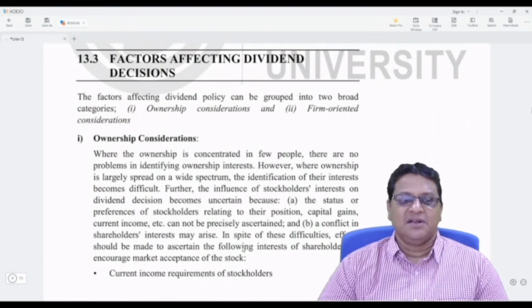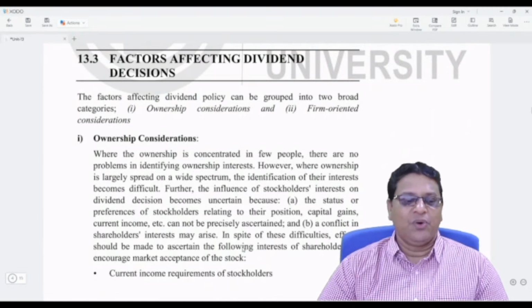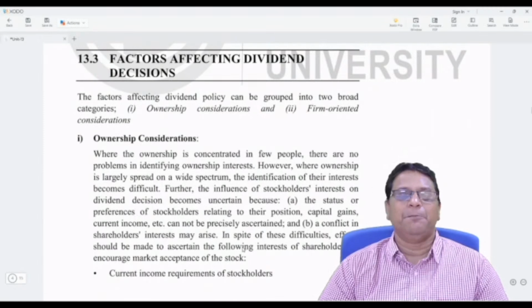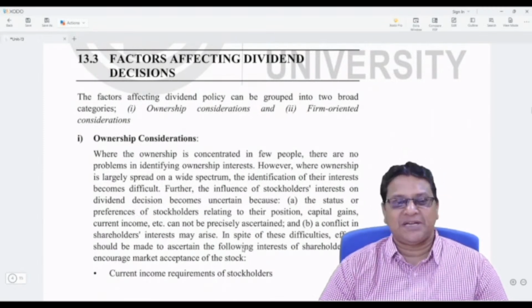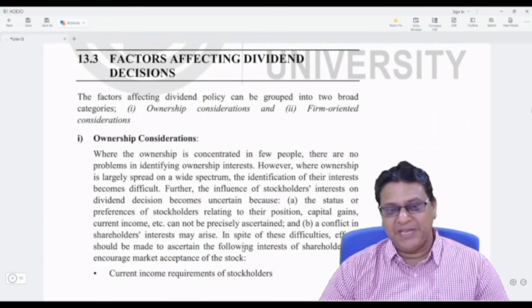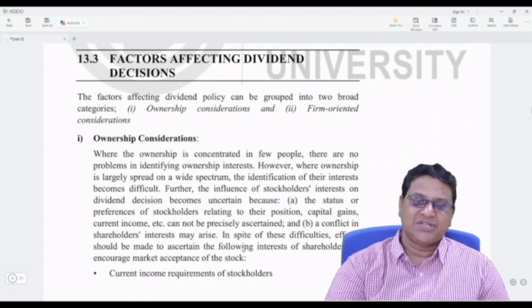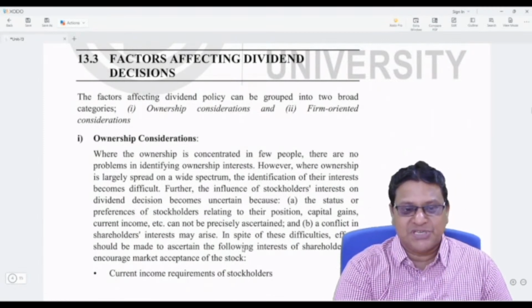Next, we will discuss different factors affecting dividend decisions. What are the factors which affect dividend decision of a company? Generally, the factors which affect the dividend policy of a company can be classified into two parts. One is ownership related factors or ownership consideration.